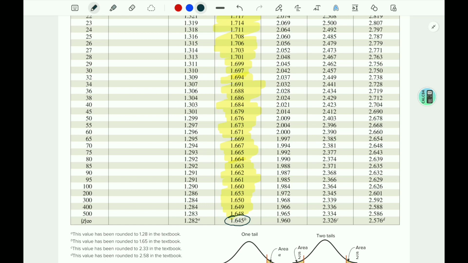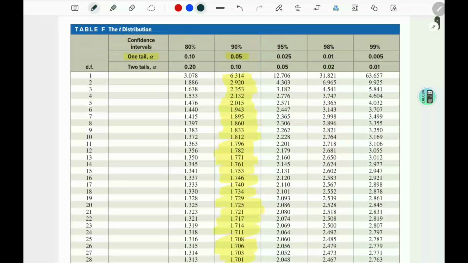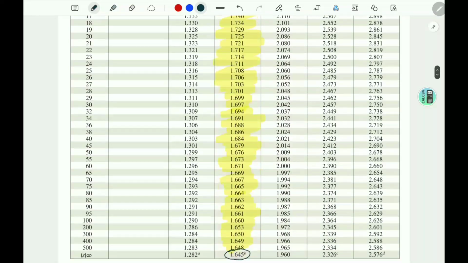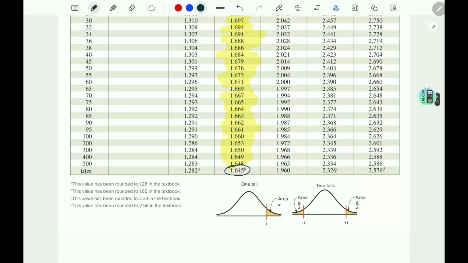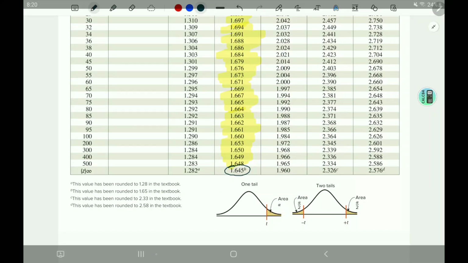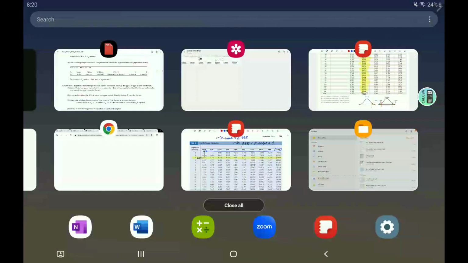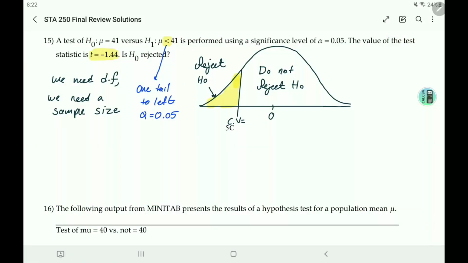Because we do not have any of those, we're going to use the smallest critical value possible for a one-tailed test, alpha level 0.05, which is 1.645. Because it is on the left side, it's going to be negative 1.645.